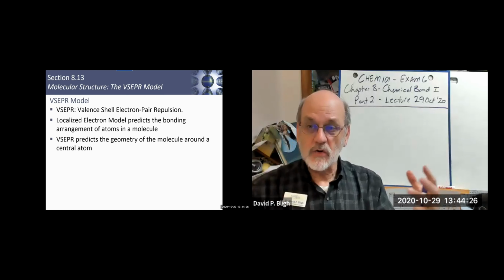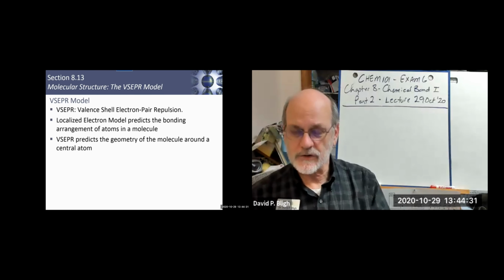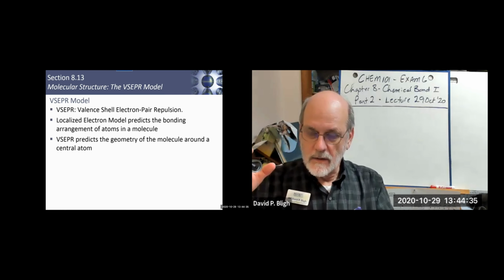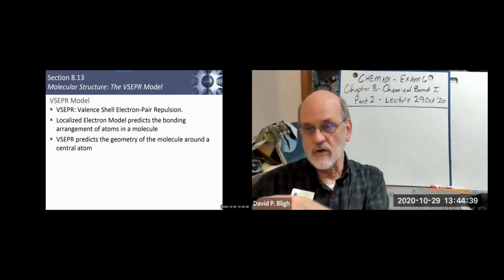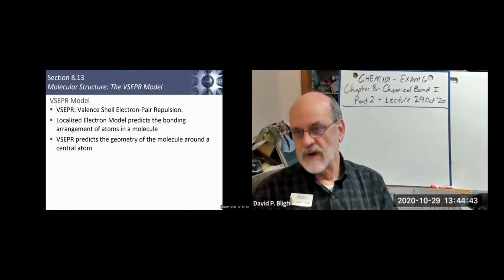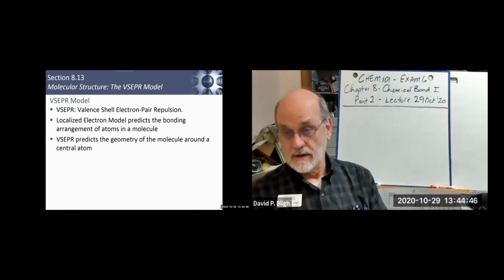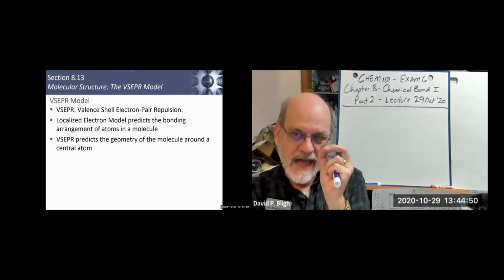If it's a big molecule, it may have several centers here and there, and then we have to describe a molecule with multiple geometries throughout the molecule. It might be linear over here, and it might be tetrahedral over here. It might be bent at one place. So the VSEPR is focused on a central atom.